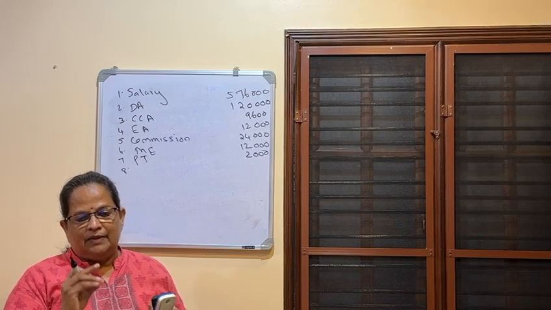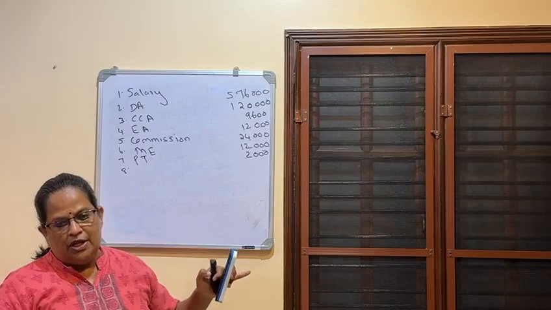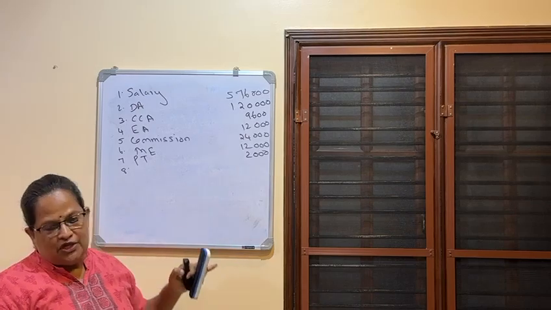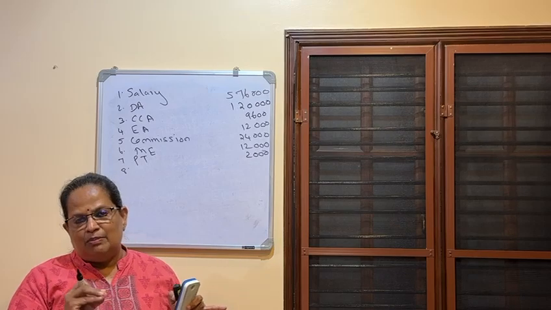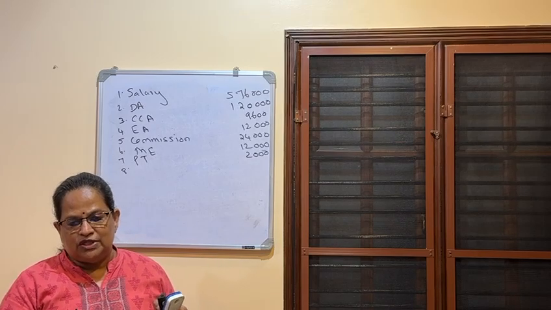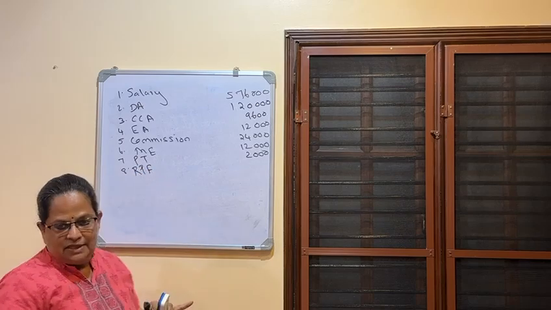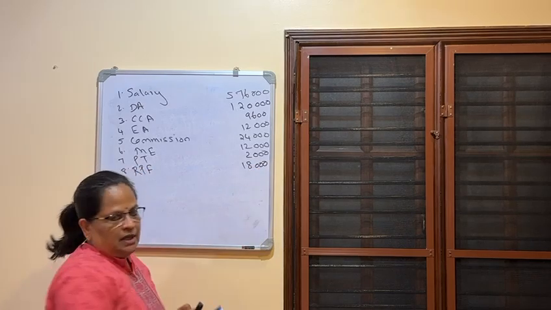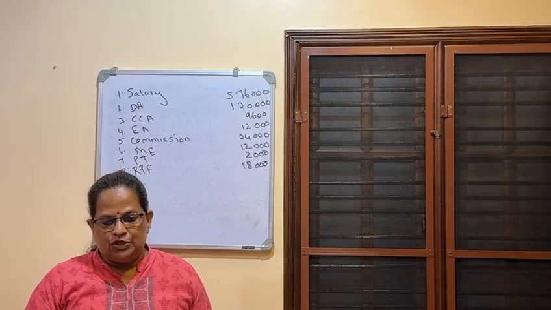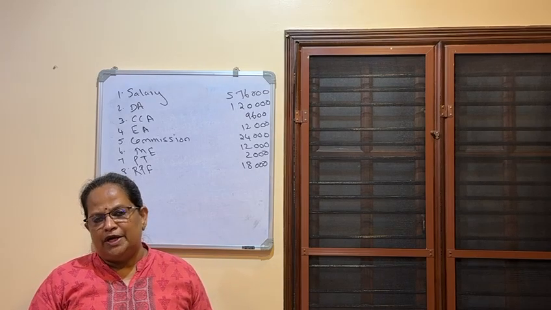So here 5,76,000 plus 24,000 commission. So 6 lakhs, 12% you have to calculate. 90,000 minus 12% of 6 lakhs is 72,000. So the taxable RPF is 18,000.